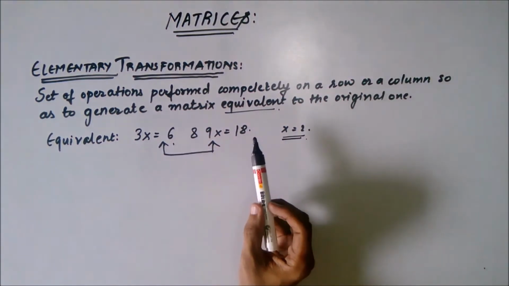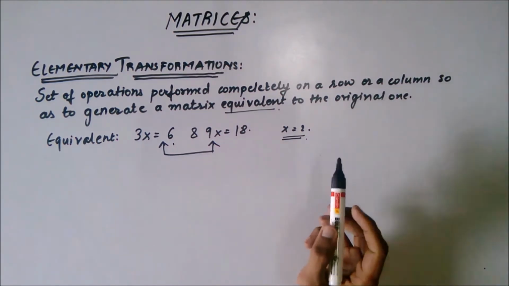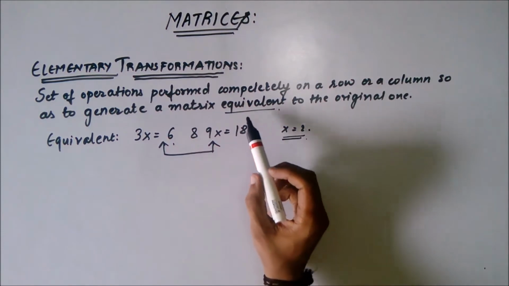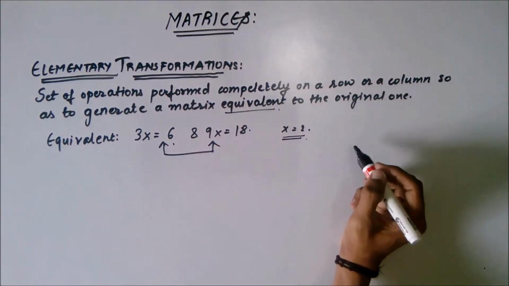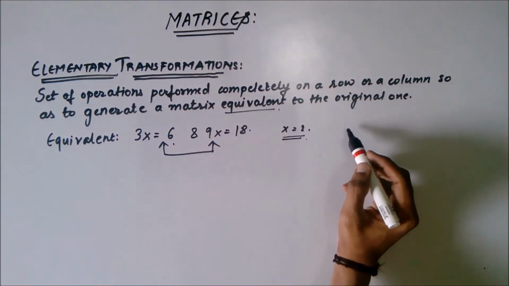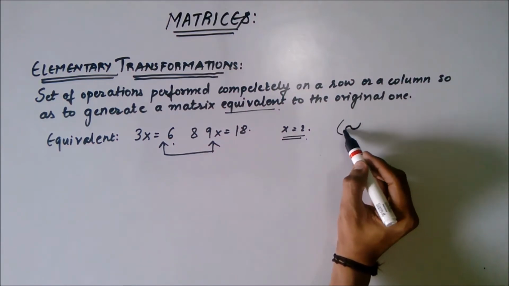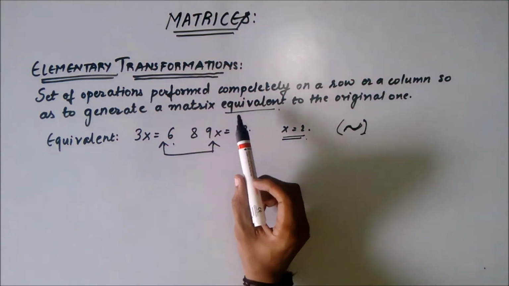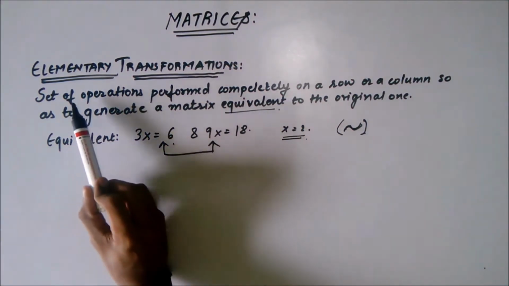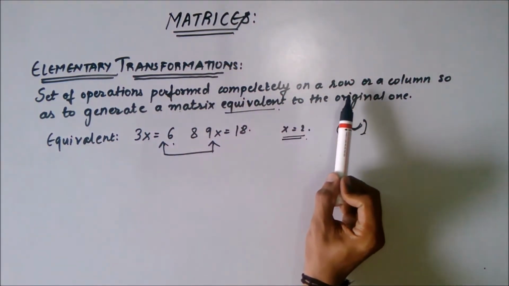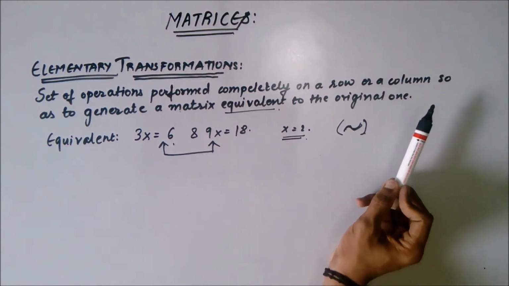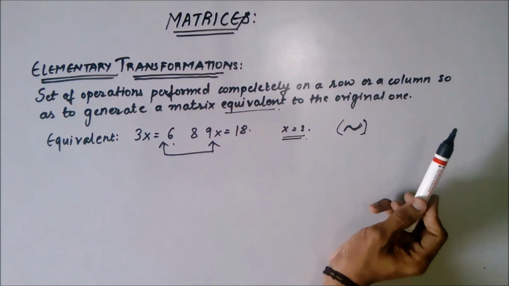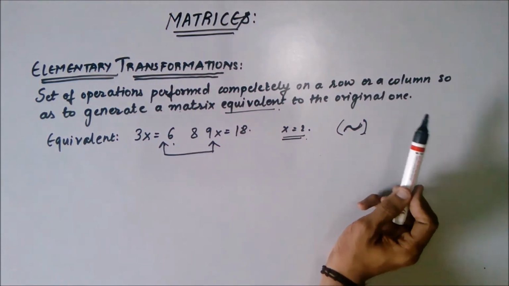So, after performing all these operations on the matrix, the generated matrix will always be equivalent to the original one, and this equivalence will be denoted by the symbol. So, now another point to be noted is the operations are performed completely on a row or a column, and they are not performed on elements of the matrix singularly.